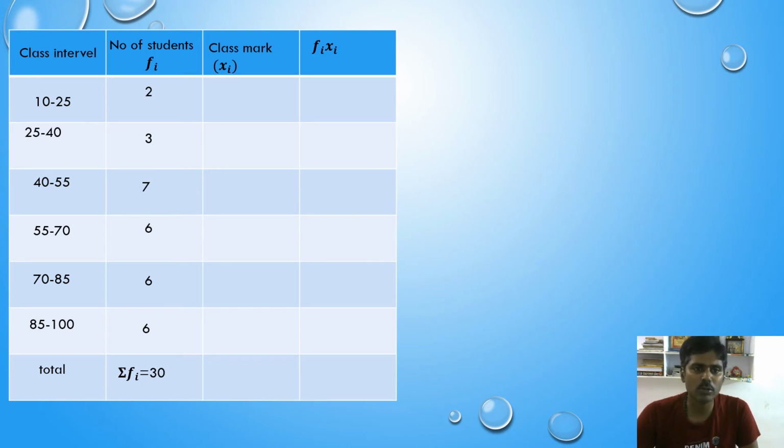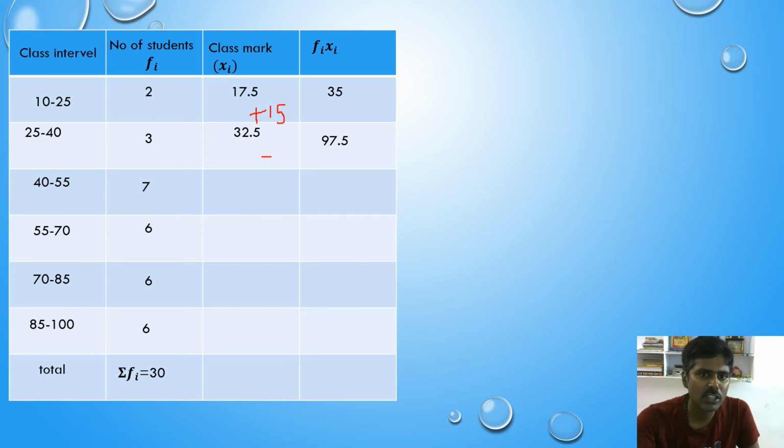Now the class mark I have to calculate. For 10 to 25, I already got 17.5. Here I will take fi and xi. Their product, 2 into 17.5, gives us 35. The next class mark is nothing but adding the length of the class interval to the class mark. So 17.5 plus 15 I will get 32.5, and multiplying with 3 I will get 97.5.